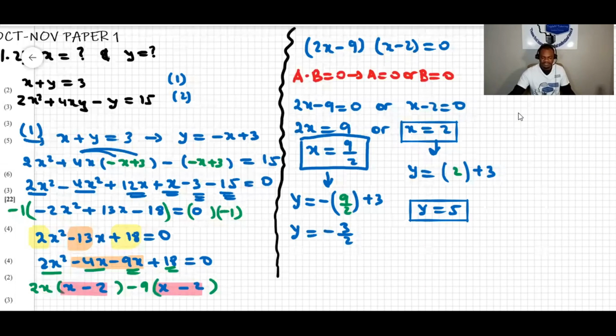Excuse me, there was a negative sign that I missed here, so it's not 5 but 1. So when x is 9/2, y will be negative 3/2. When x is equal to 2, y will be equal to 1.